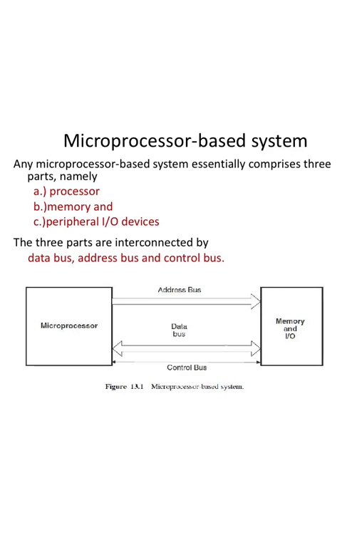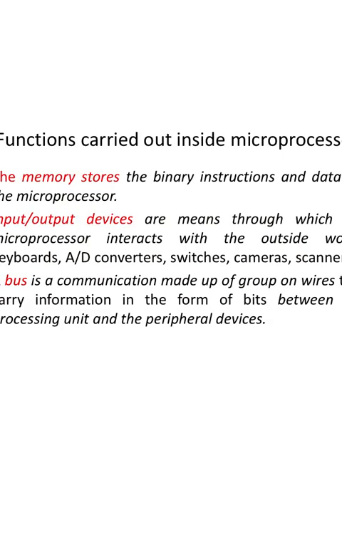They are connected using a bus. There are different types of buses, that is the address bus, data bus and control bus. You can see here the address bus, data bus and control bus, which are connected to the microprocessor, memory and input-output devices.